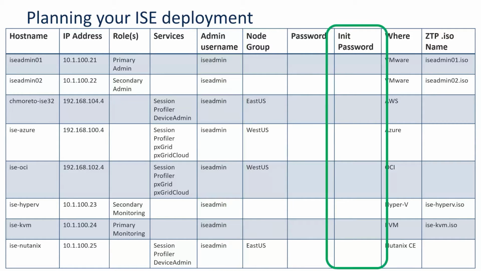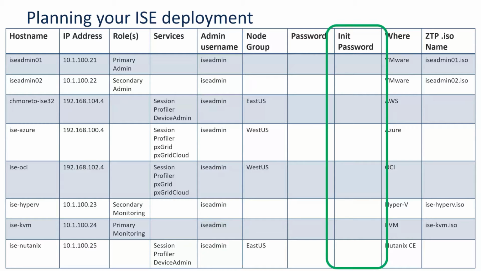The other thing I want to bring up is the initial password, the one that we use in our zero-touch provisioning script, whether on-prem or in the cloud. Like I said, if you're setting your password through your ZTP, then you will be forced to change your password on your first login to your GUI.